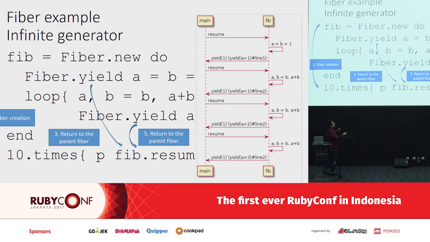After that, the main Fiber resumes the suspended Fiber and continues to calculate, and so on. So the key point is that a Fiber can suspend and resume.